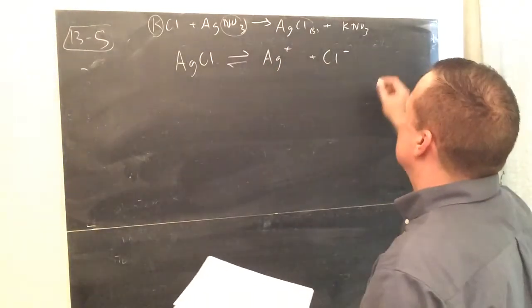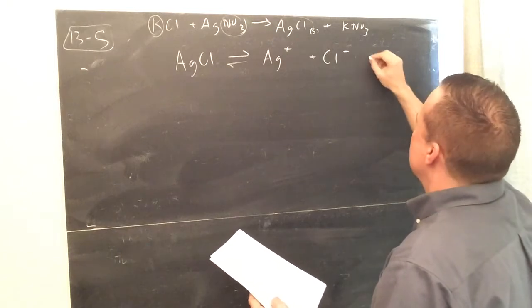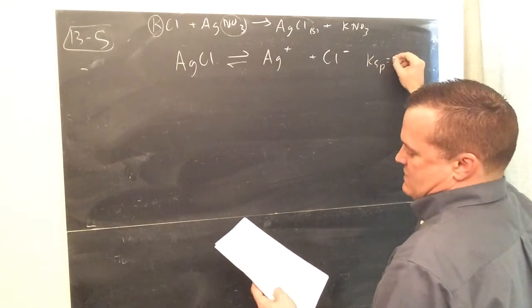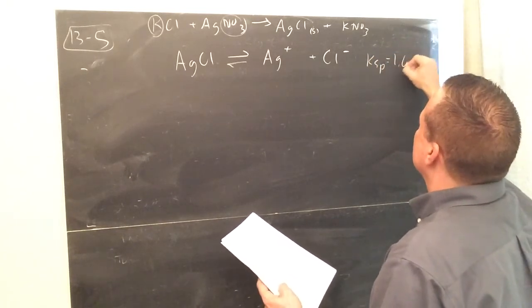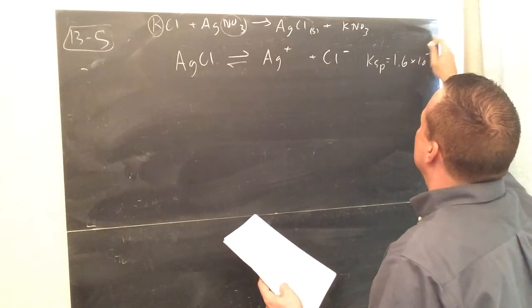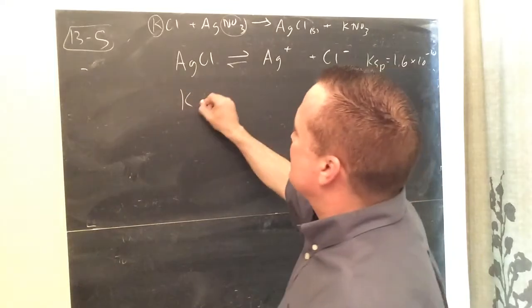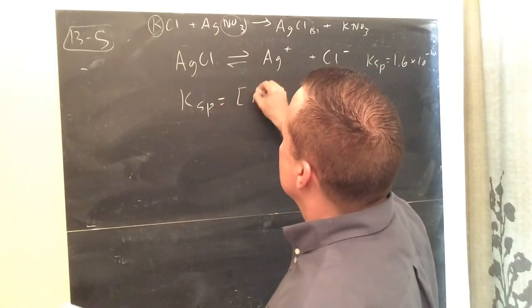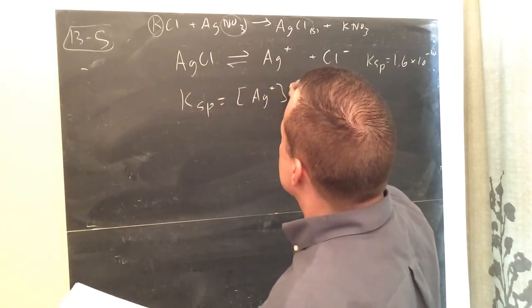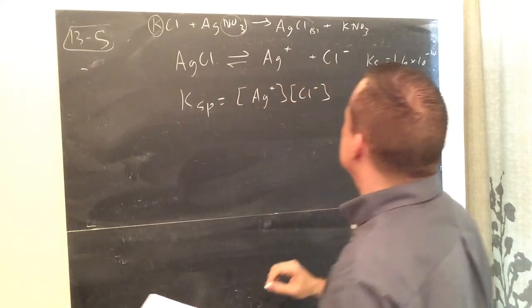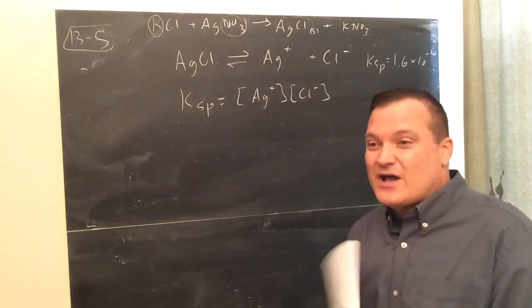Well, that's kind of where Q comes into play. Ksp equals 1.6 × 10^-10. So here's how it goes. Let me write the Ksp expression. Ksp will be silver molarity times the chloride molarity. This is very important, but it really comes in the next chapter.